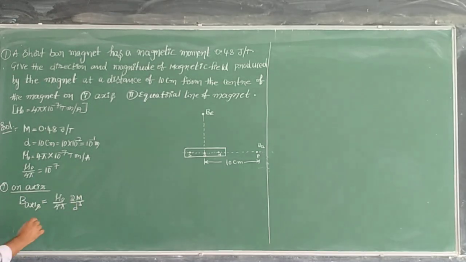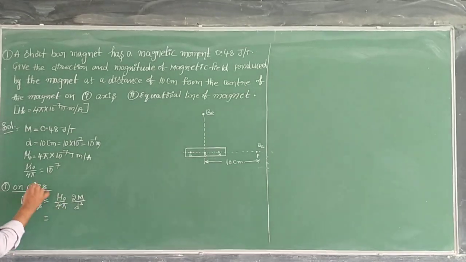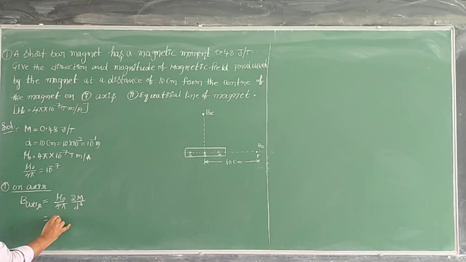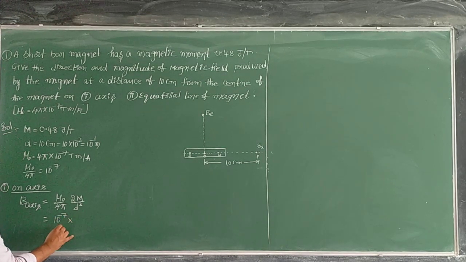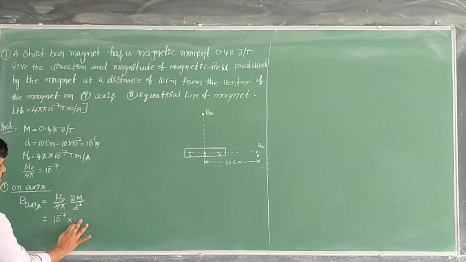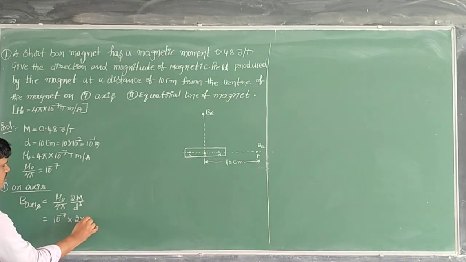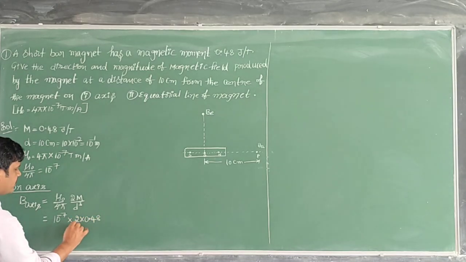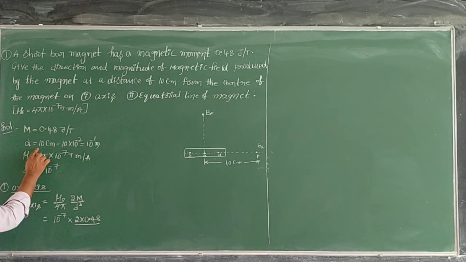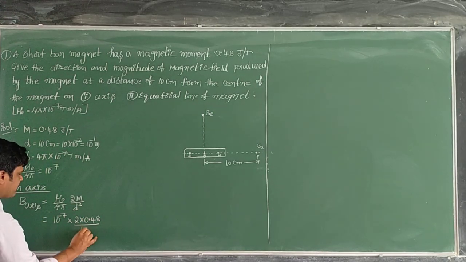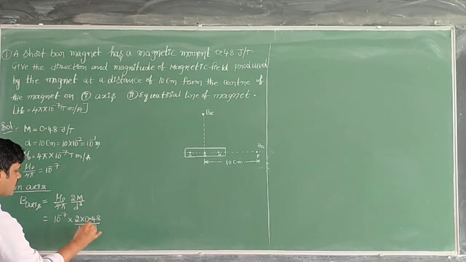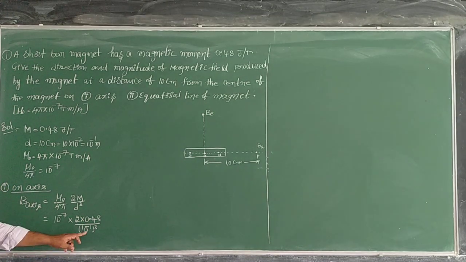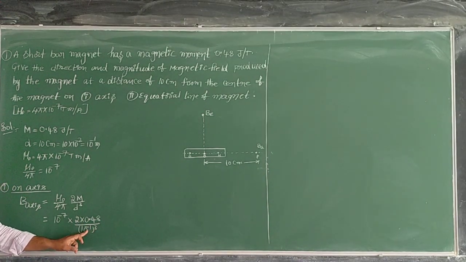From this, mu naught by 4 pi is 10 power minus 7 into 2 into 0.48 divided by d cube, with distance 10 power minus 1, whole cube. 10 power minus 1 whole cube means 10 power minus 3.